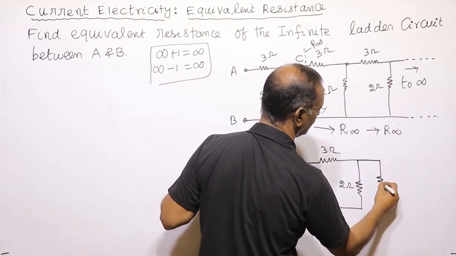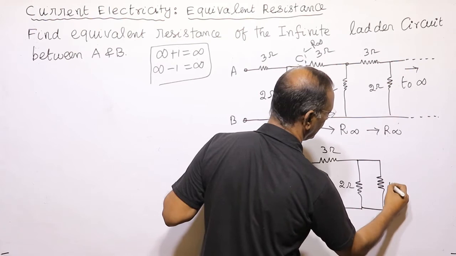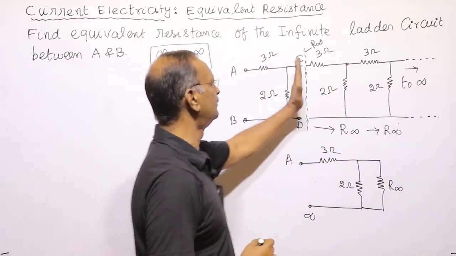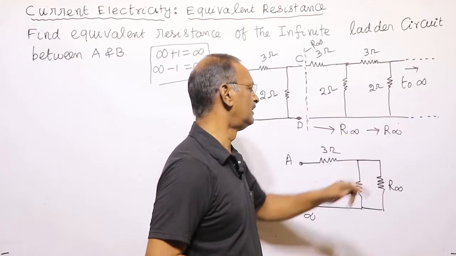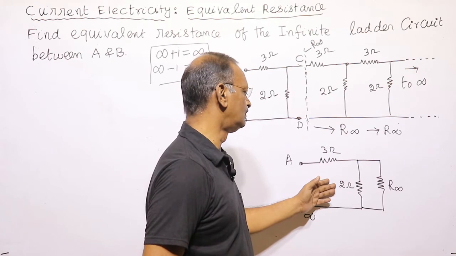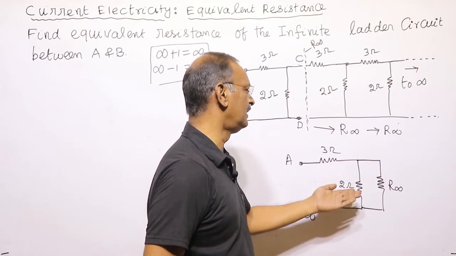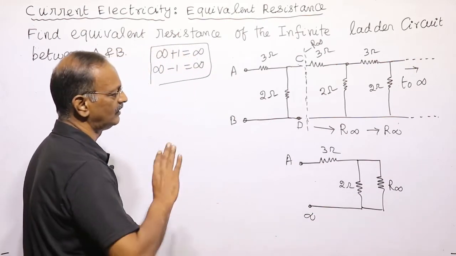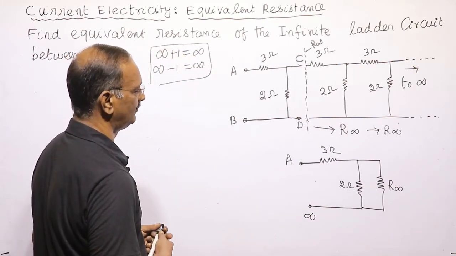We call this R infinite. Simply we have modified this portion, removed it and put it as R infinite. If you add this 3 ohm and 2 ohm, whether series or parallel, the equivalent resistor will come as R infinite only.